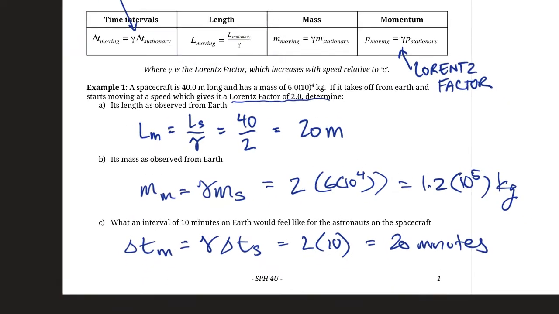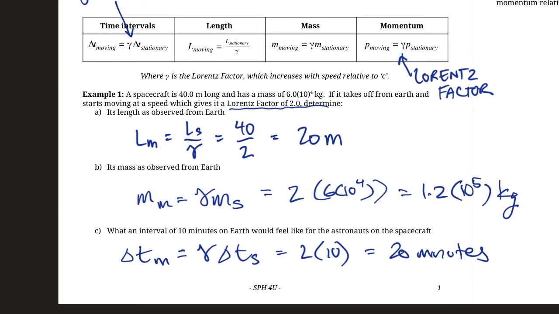A few more little notes. We call this the moving and the stationary. It's sometimes referred to as the rest instead of stationary. We sometimes call this the rest time interval, or the rest length, or the rest mass, or the rest momentum. Those are common terms that you see. And we also sometimes call the moving ones relativistic.